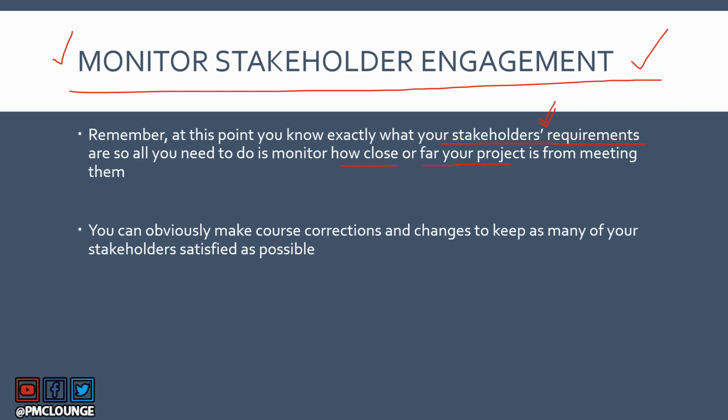Now you can obviously make course corrections, which I just mentioned, and you can make changes towards your strategies, even towards your project plans, if that is something that satisfies the stakeholders, right? So if there is a stakeholder who has high influence, high power, high interest, you might want to change your project plans if it is possible to make sure that the stakeholder remains satisfied.